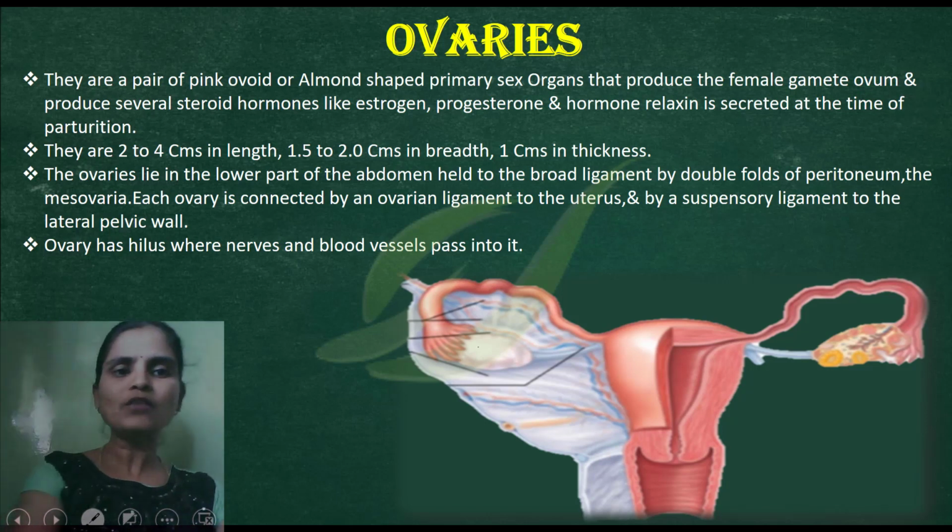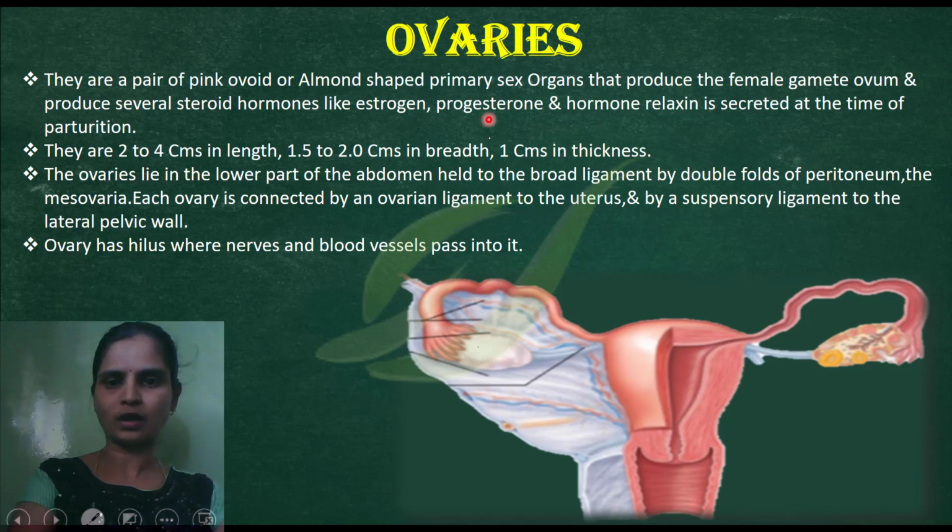The ovary also produces the hormones estrogen and progesterone. It also produces a hormone called relaxin at the time of parturition. So altogether the ovary produces three hormones: estrogen, progesterone and, at the time of parturition, relaxin.